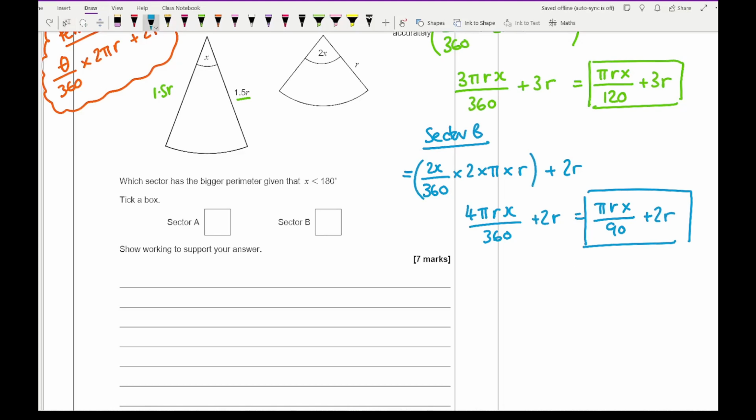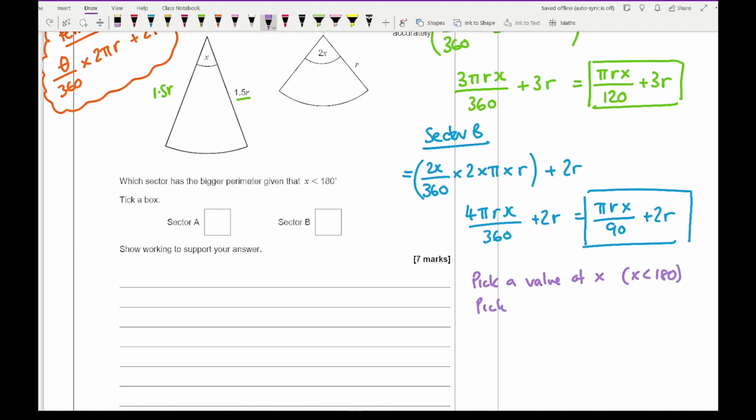However, what you might want to do is to prove this algebraically. So what you could do is pick a value of x. Remember that x has got to be less than 180.